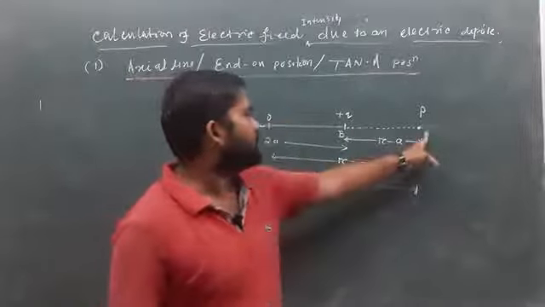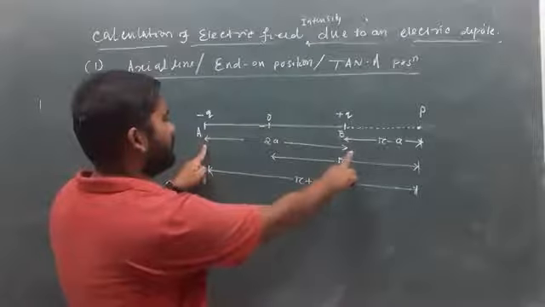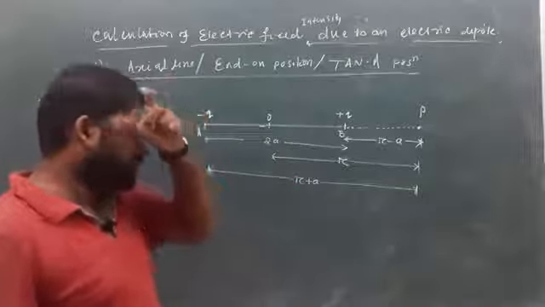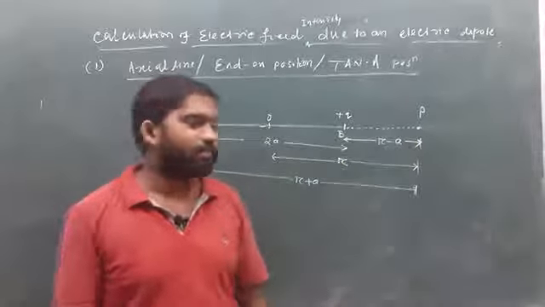Because OP is r, the other distance is r minus a, the dipole length is 2a, and point of observation P is at a distance of r from the center of the dipole.